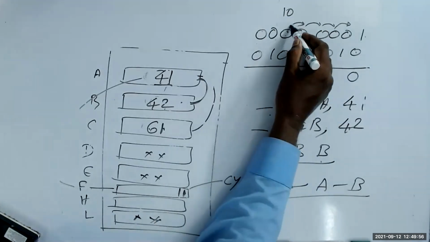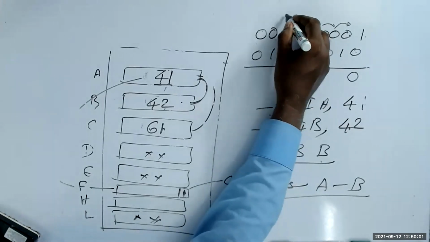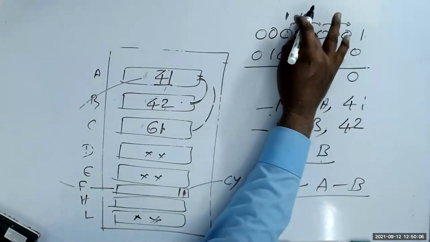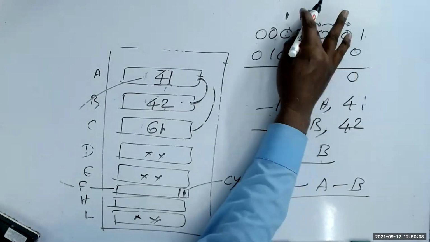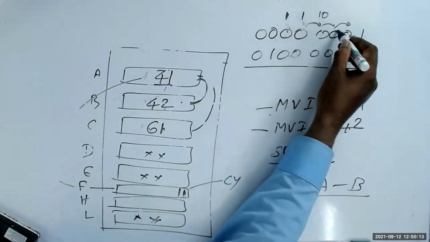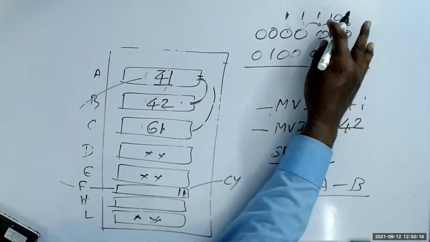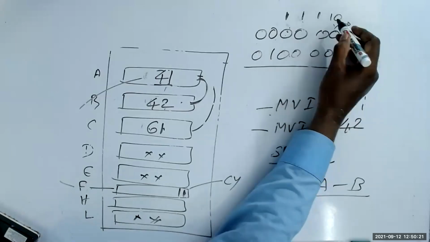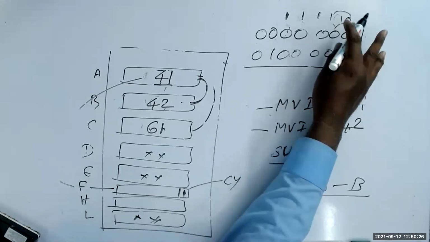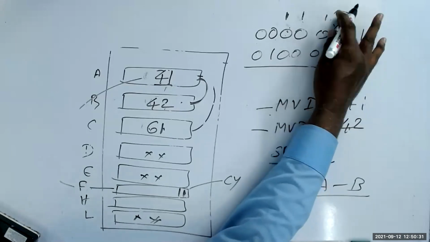This 10 means 2 in binary, so this guy becomes 1 now, and this guy becomes 10. Then I borrowed 1, this becomes 1, this becomes 10, and so on down the line.